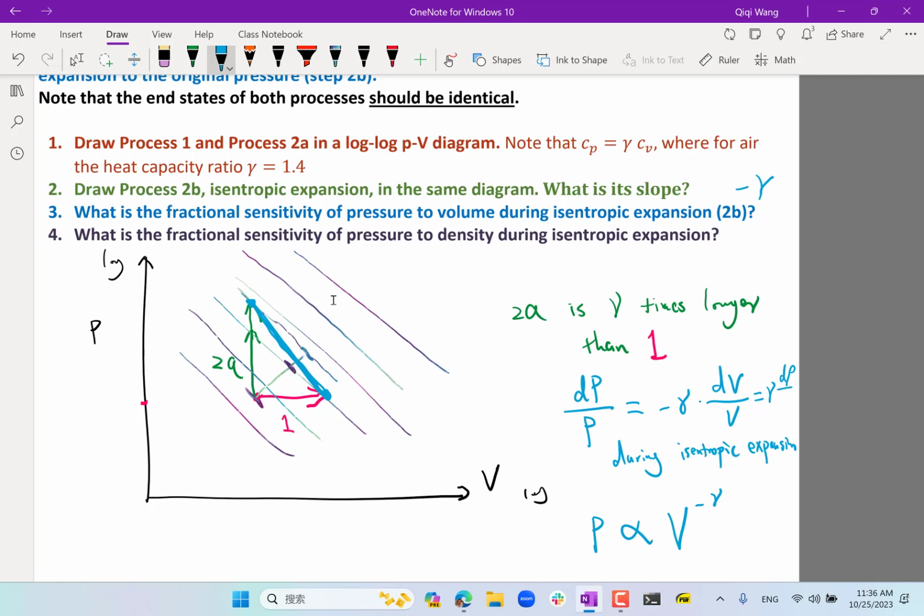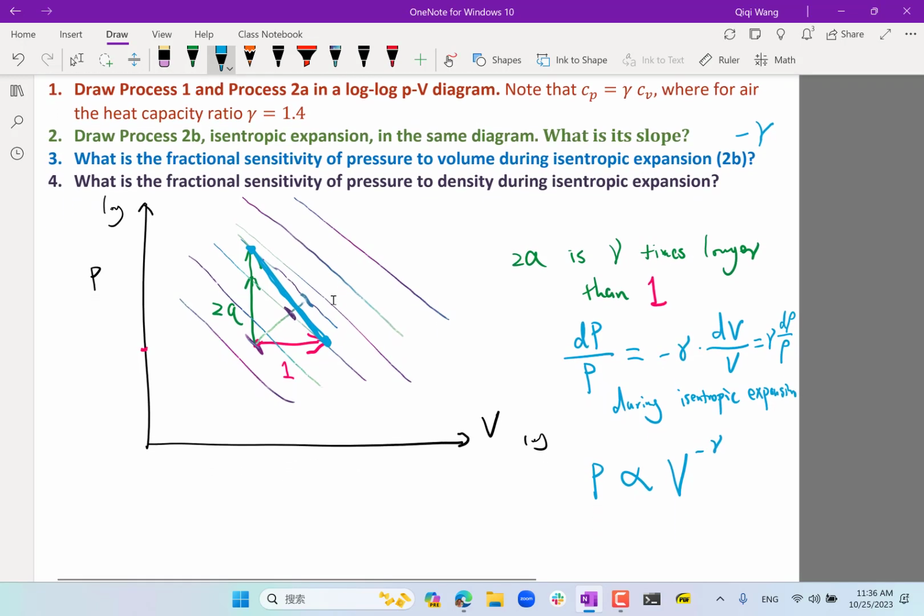So we get rid of the minus sign: dP over P is equal to gamma times d rho over rho. The integral of that is that pressure is going to be proportional to density to the gamma power during isentropic expansion. So this is probably something you already have seen in unified, but probably not derived it. All right. Any questions on this?